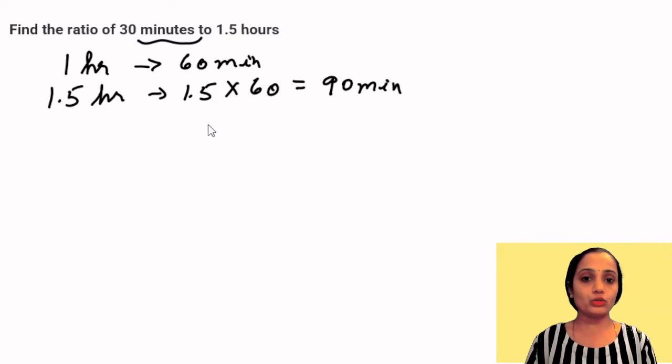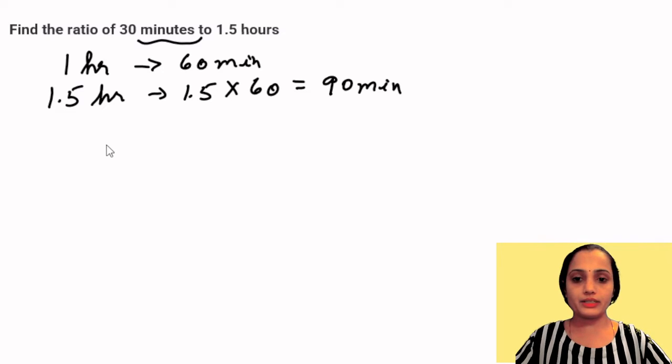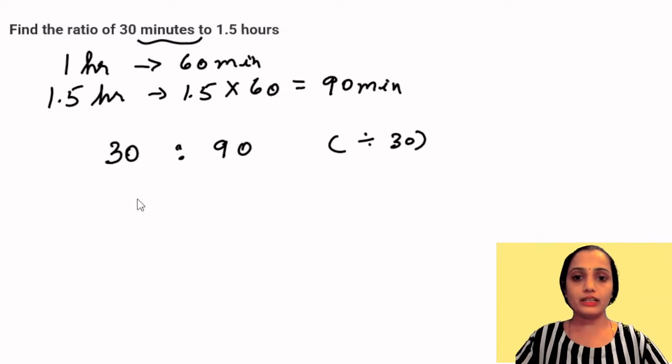So now we have both our numbers in the same units. 30 is to 90. We can divide this by 30 only, or we can start our division by 10 first.